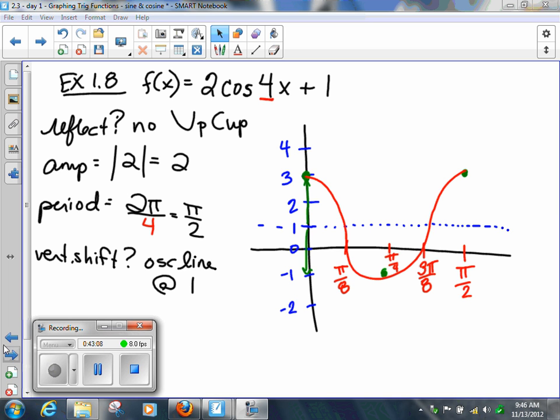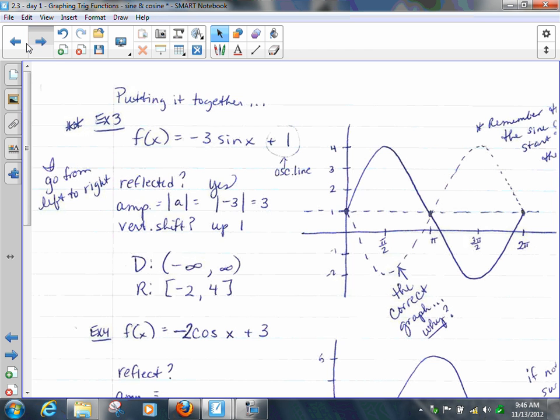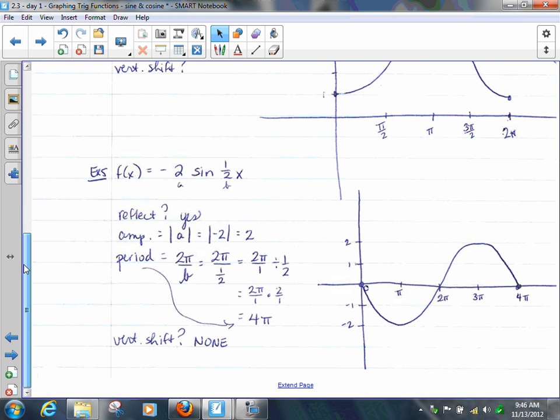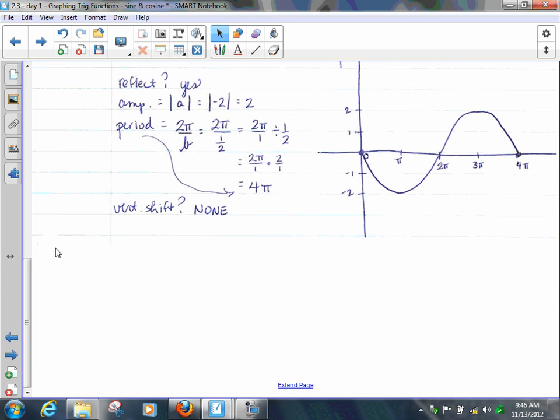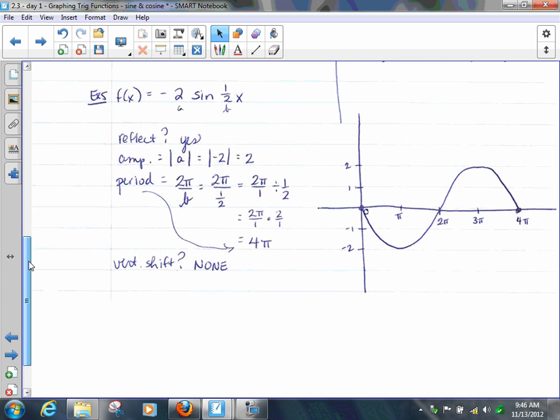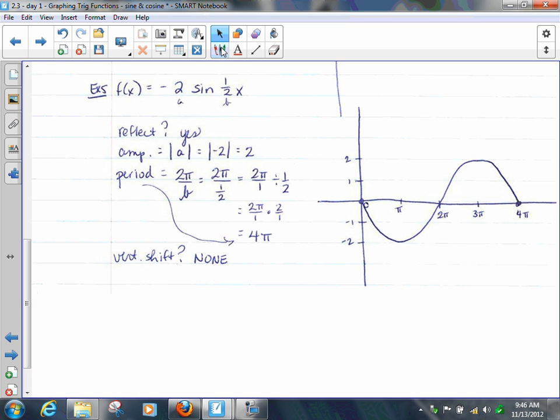If you look at this last example, down here on example 5, it's on your paper. But folks, I want you to notice something. Notice that this value right here is 1/2.